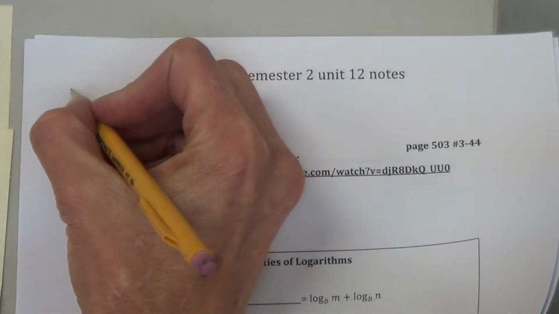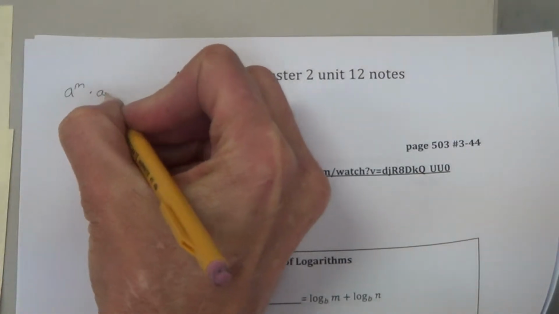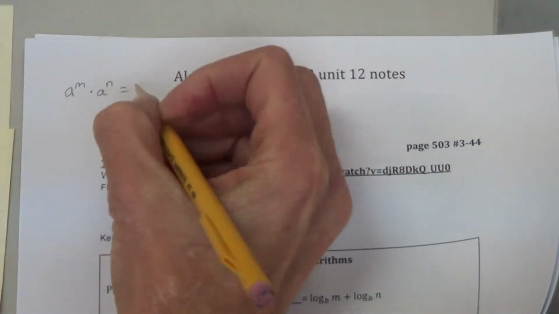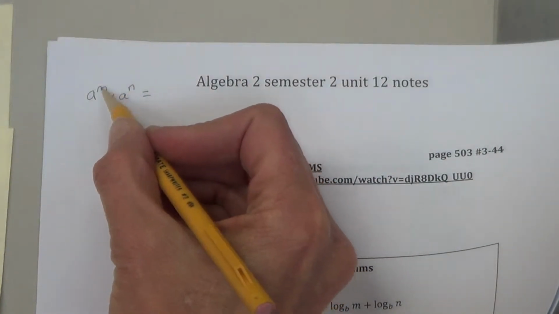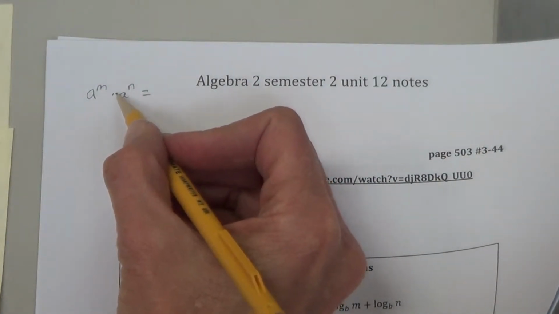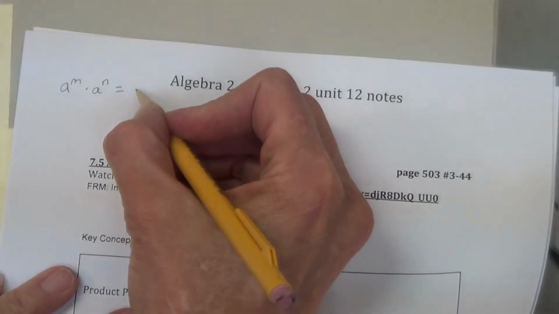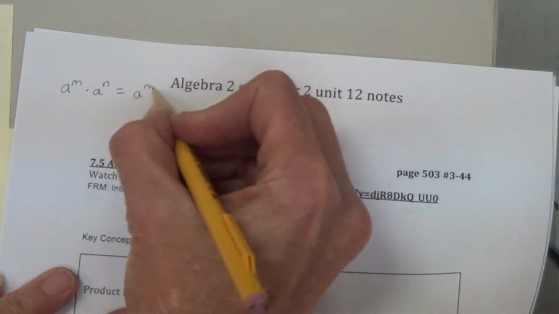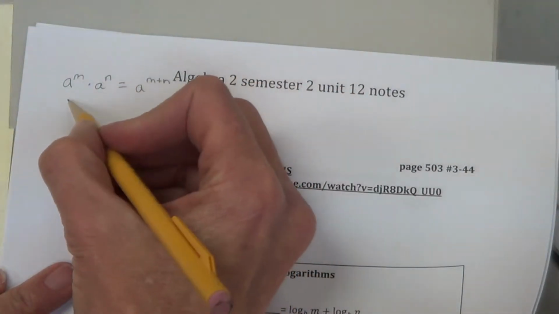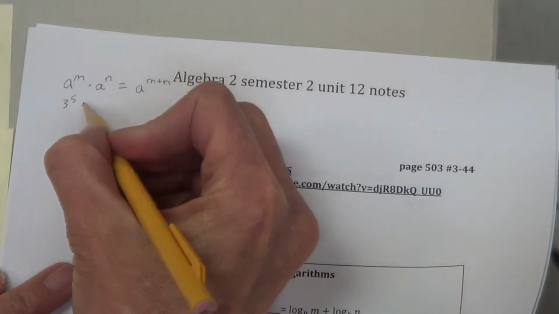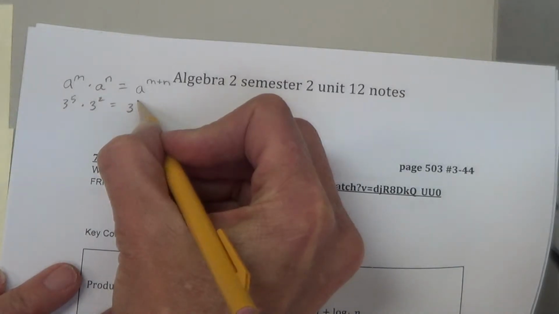First one was if we have a to the m times a to the n, in other words, same base, and the bases are being multiplied, what do we do with the exponents? Hopefully you remember you add those exponents. So that would be like 3 to the 5th times 3 to the 2nd is 3 to the 5 plus 2, or 7th.